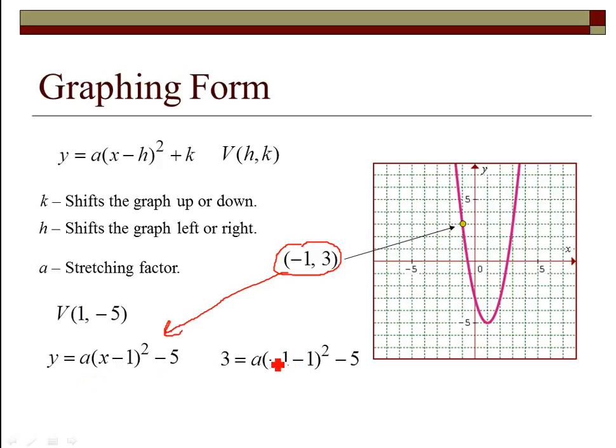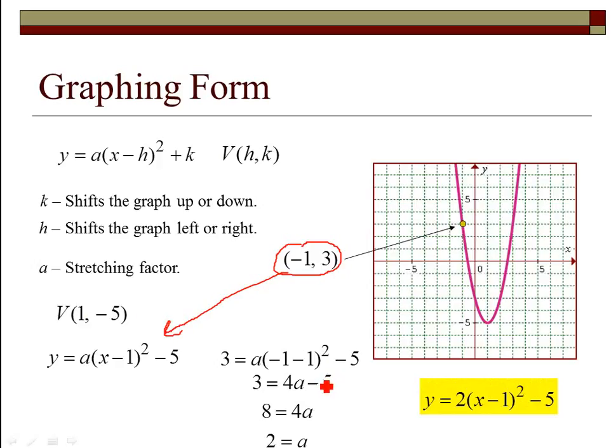Now be careful here, we have -2 squared. So -2 squared gives me +4. So I got 4a minus 5, and I'm just going to solve for a. I add 5 and divide by 4. I have a stretching factor of 2. So my final answer is y equals 2 times x minus 1 squared minus 5.